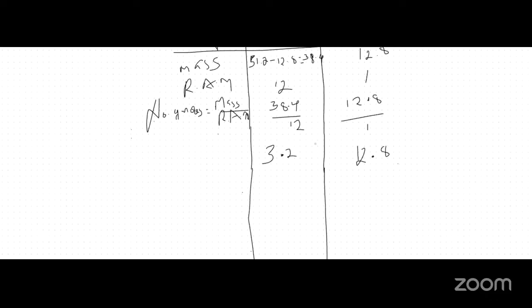This one is the number of moles, but actually this is a very big number of moles. This one is 3.2, this one is 12. That is a lot. That is a very high concentration.